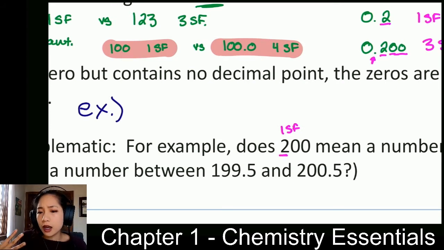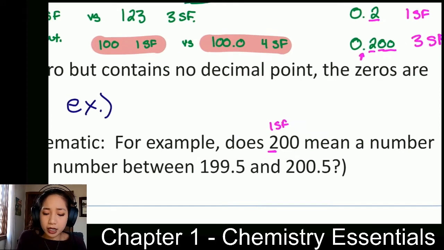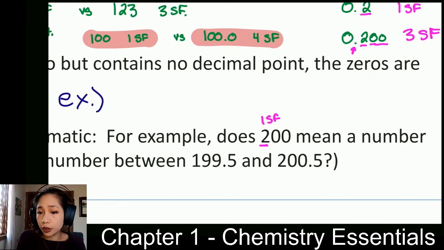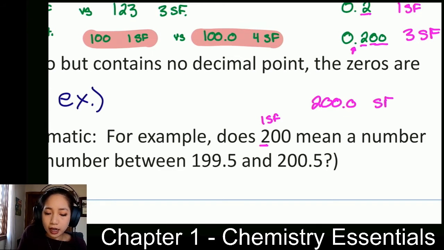But what if I want to convey the number 200 but to two sig figs or to three sig figs? How would I write that? I mean, I could write 200 with four significant figures, writing it as 200.0. All right. So that has four sig figs.